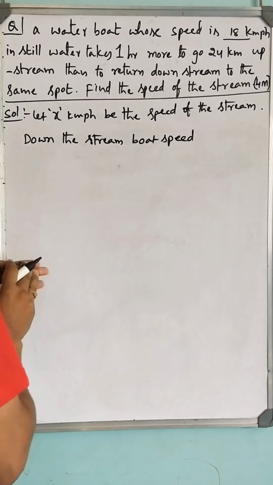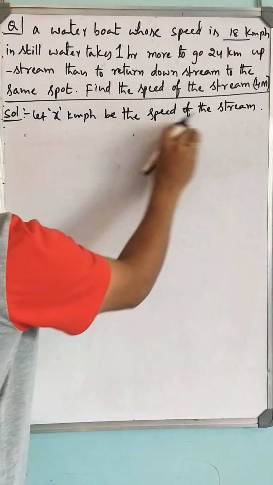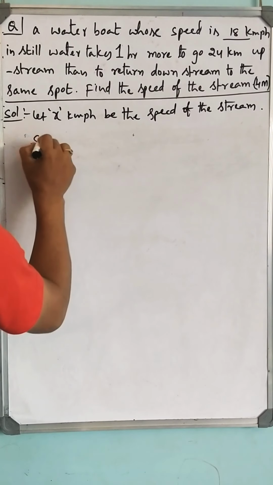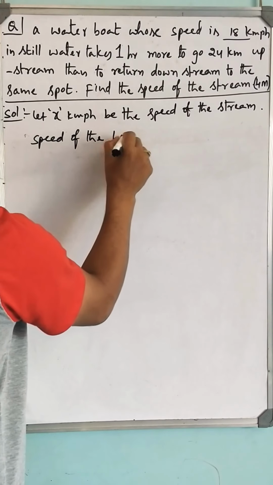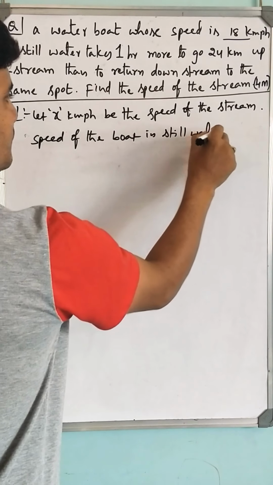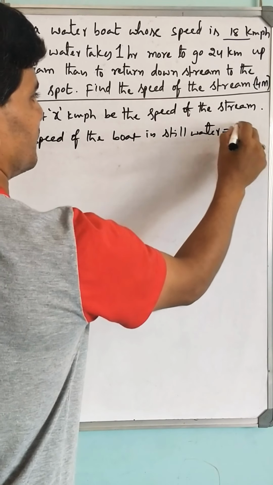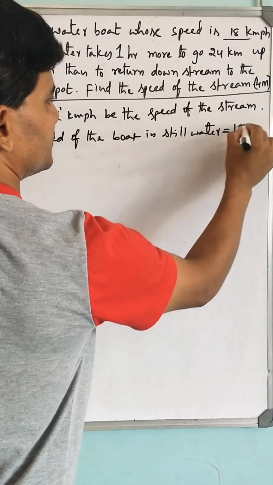Before that, given that the speed of the boat in still water is 18 kmph.